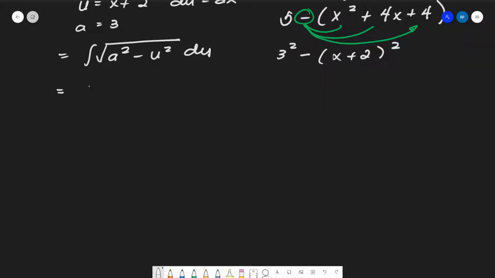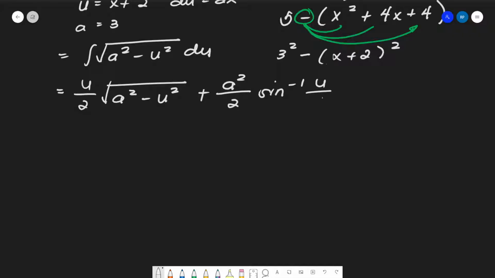This is equal to u over 2 times the square root of a squared minus u squared plus a squared over 2 arcsine of u over a plus c. No? So this is our formula for this specific integral. So let's just substitute our values. We have x plus 2 over 2 times square root.